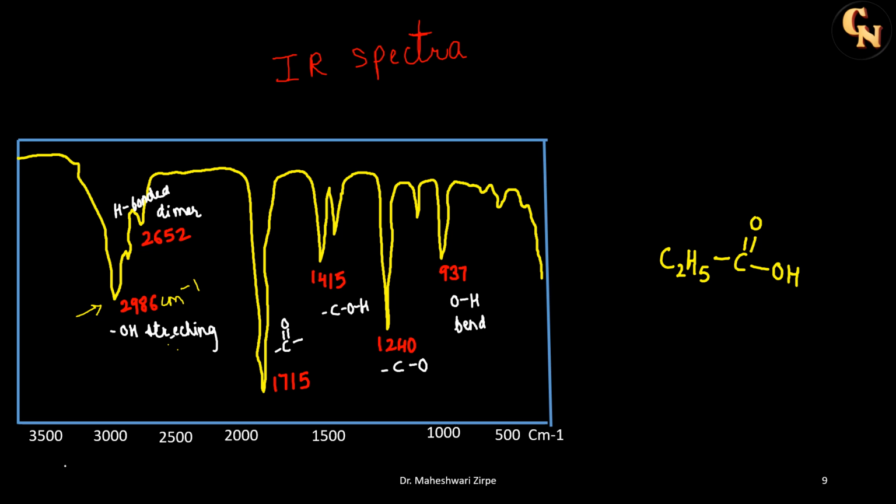Next is 2652, that is hydrogen-bonded dimer. Dimer indicates that two monomers are attached together.